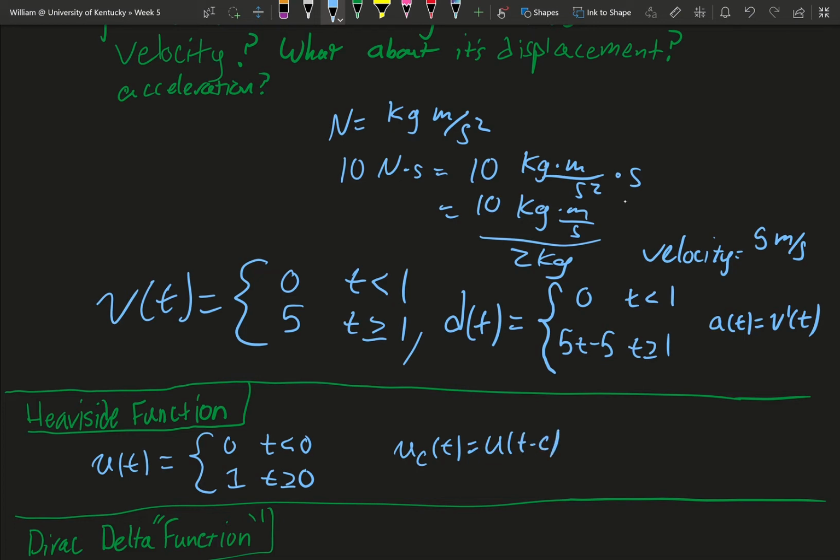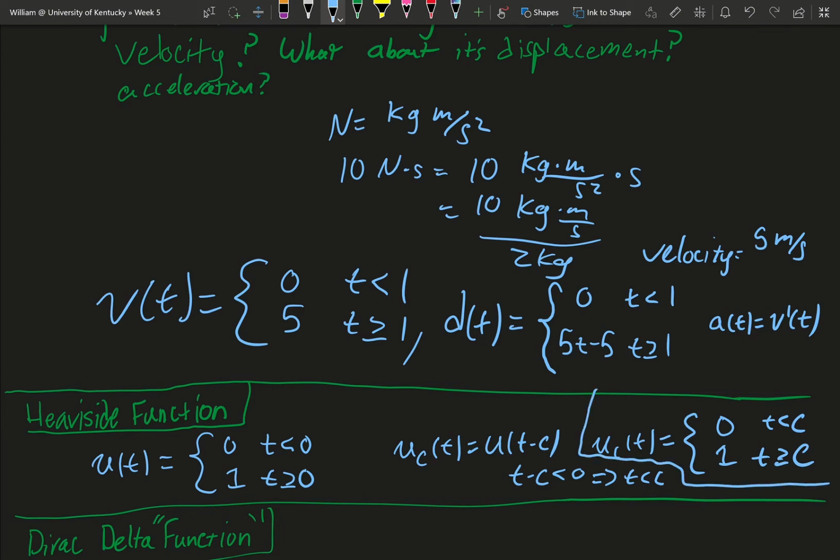And note that this is also going to be the same thing: if t minus c is less than 0, then that means t is less than c. So we're going to be 0 for t less than c, and we're going to be 1 for t greater than or equal to c.